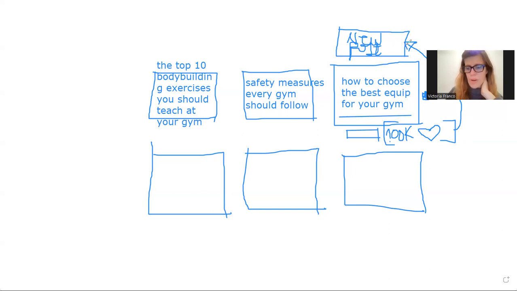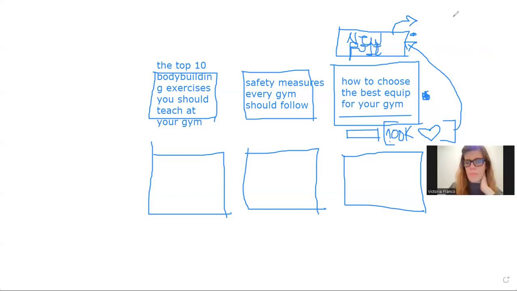Then you will have people engaging with this one. And when you have people engaging with this one, you retarget them again on the Facebook Ads Manager. I don't know if you are still seeing there, with a new one, but this one is more direct. It could be, for example, a carousel with different tips for gym owners.